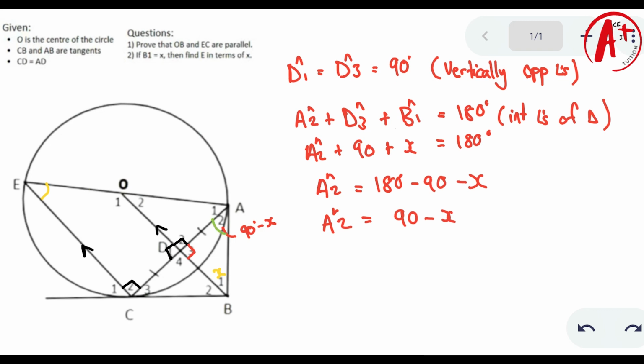So angle A2, which is this angle over here, would equal angle E2. Why? We jump over the line AC and then we run up the line AE. Thus, we know that the angle E is equal to the angle A2, which is equal to 90 minus x degrees. And our reason would be tan-chord.